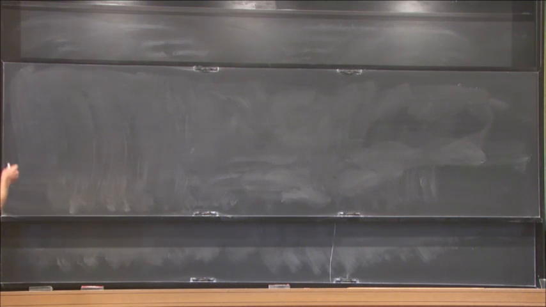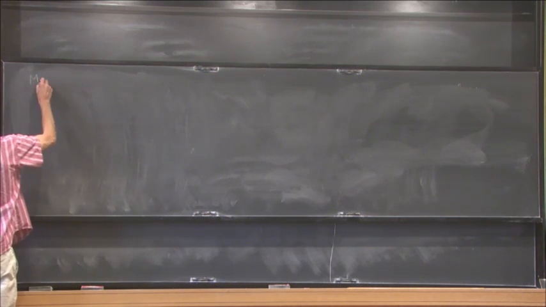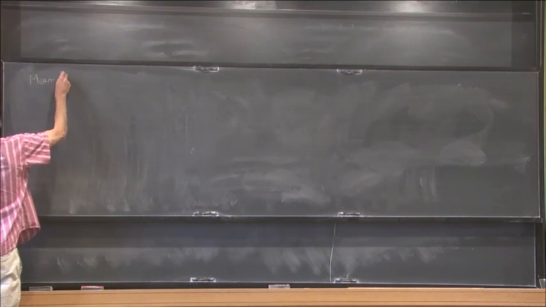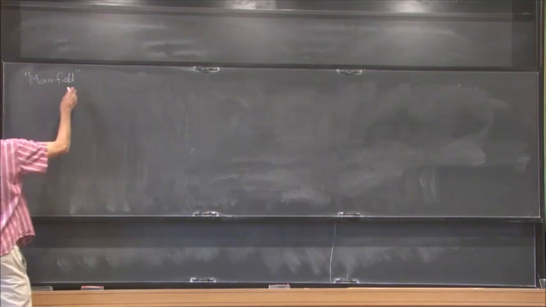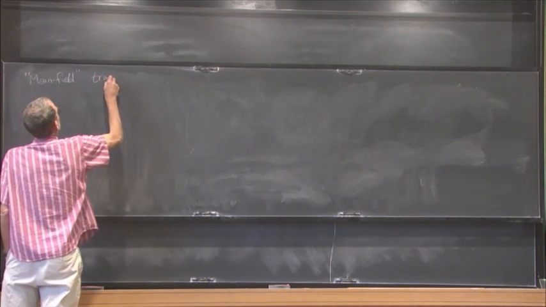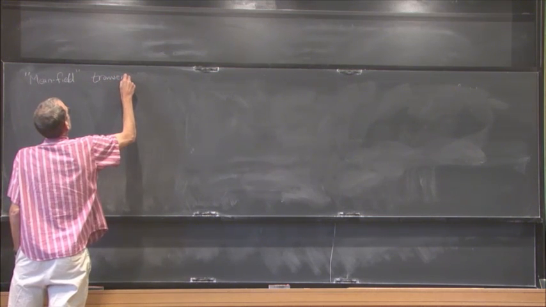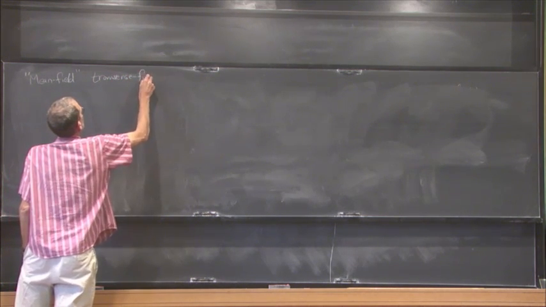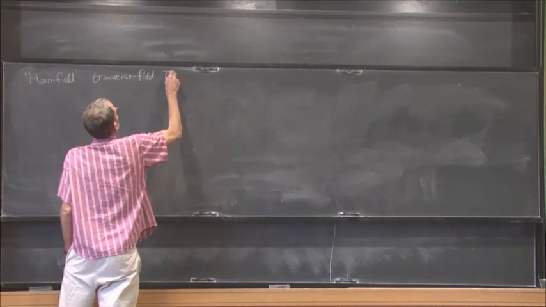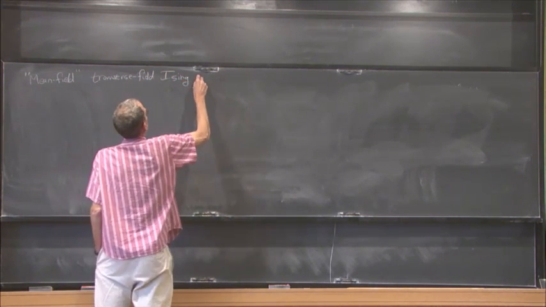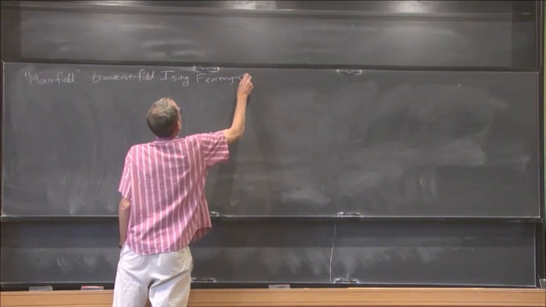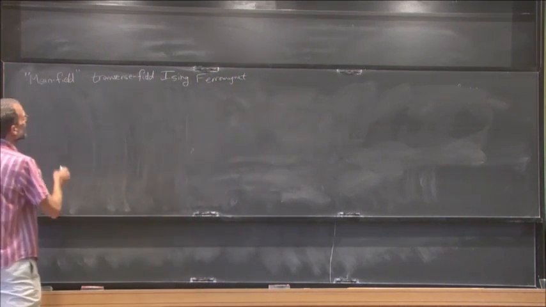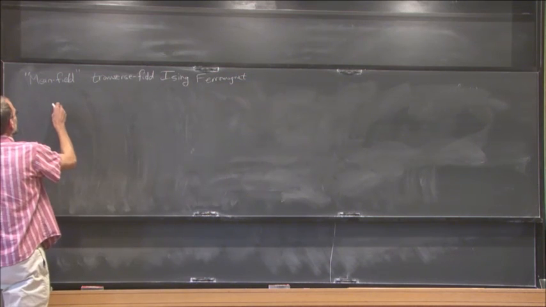I'm just going to look at the mean field, meaning every spin coupled to every spin, transverse field Ising ferromagnet. All these words have meanings, and I'll point them out.